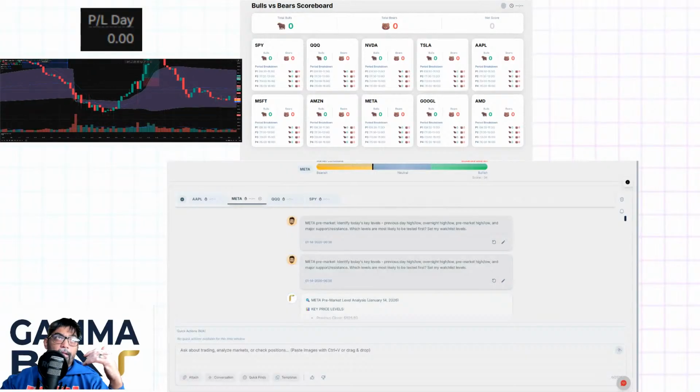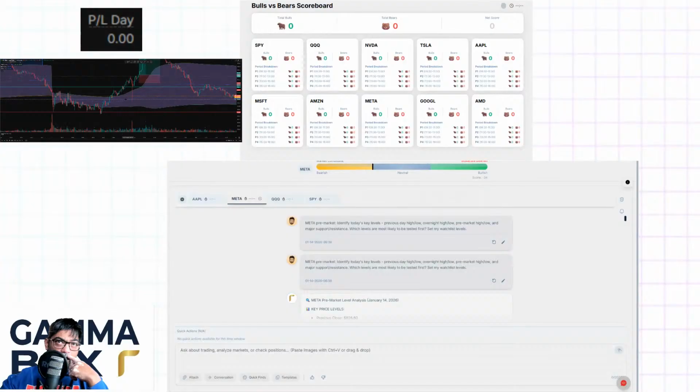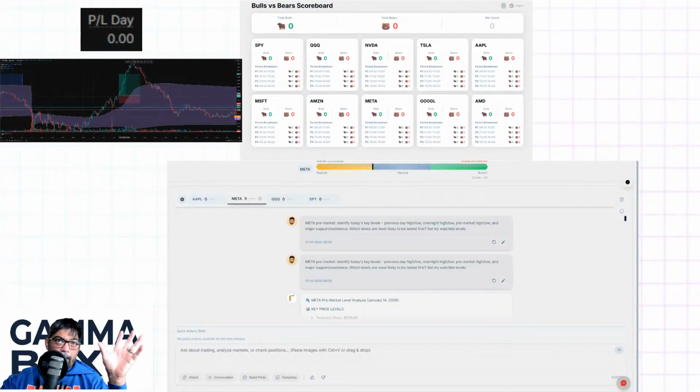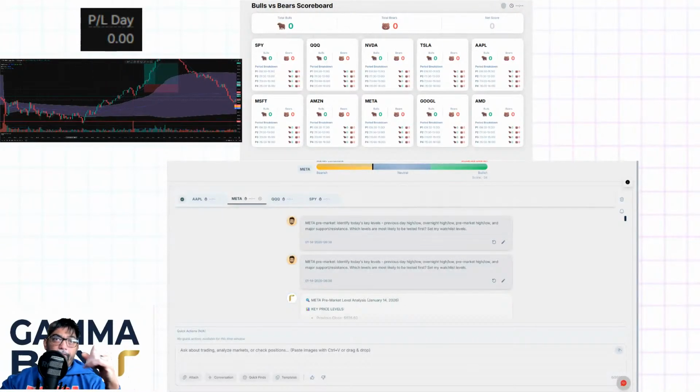And let me go back to the 1 minute candle real quick here. So yesterday, this was a winning trade that GammaBox gave me pretty much the full setup, the call option to get into. But one of the things that I was asking and looking for was the volatility of where everything was at.